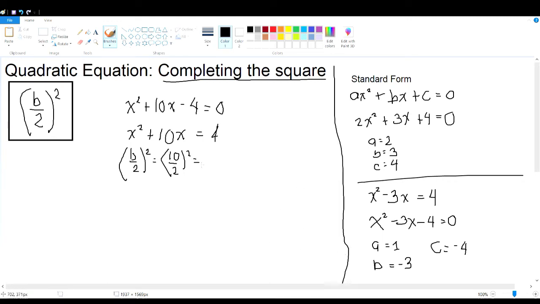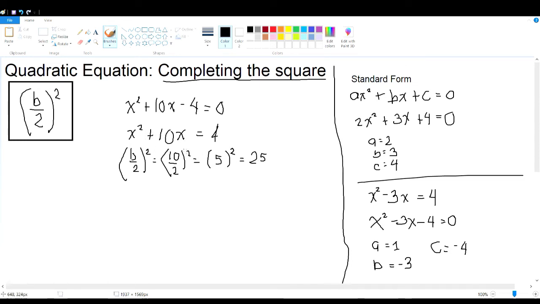Next one, simplify the fraction. You have 10 over 2 is 5. 10 divided by 2 is 5. Squared. You have now 5 squared is equal to 25. Ngayon, si 25 yung magko-complete ng square kay x squared plus 10x.